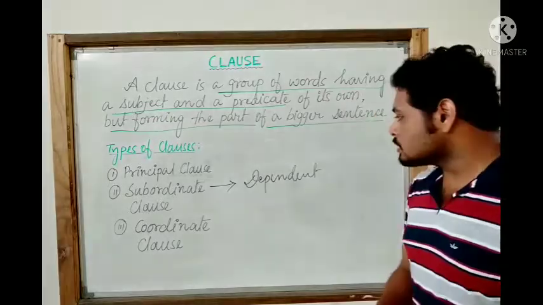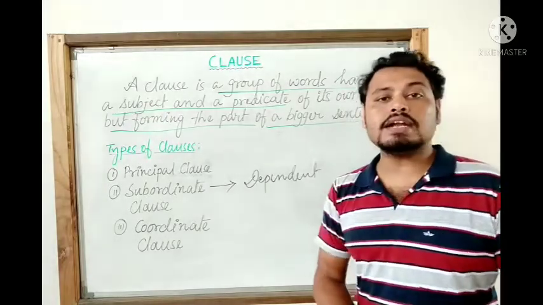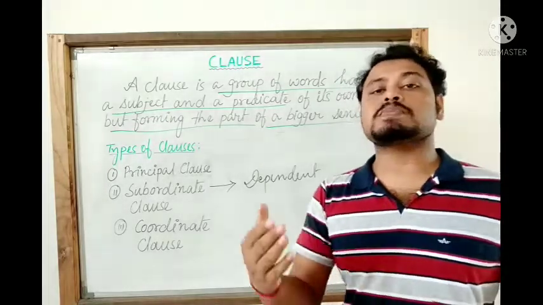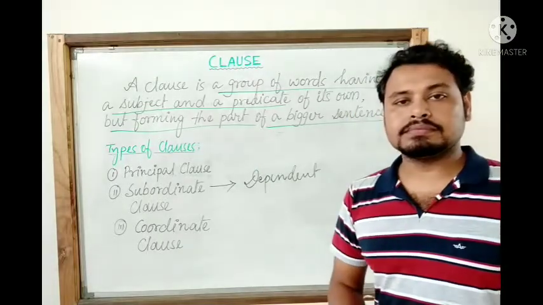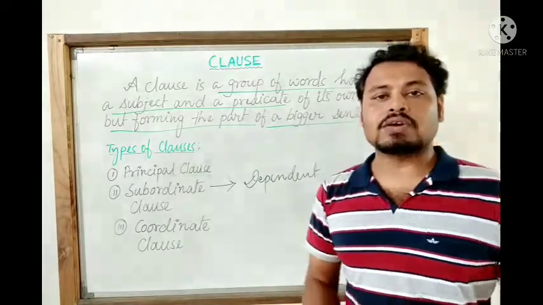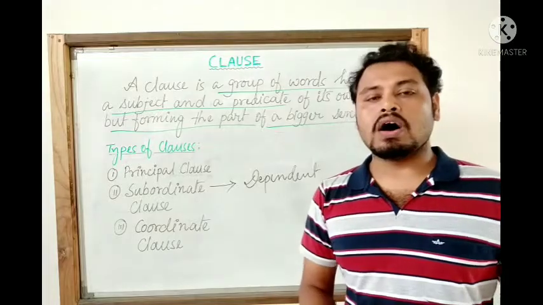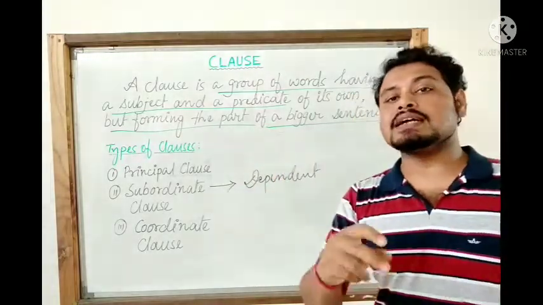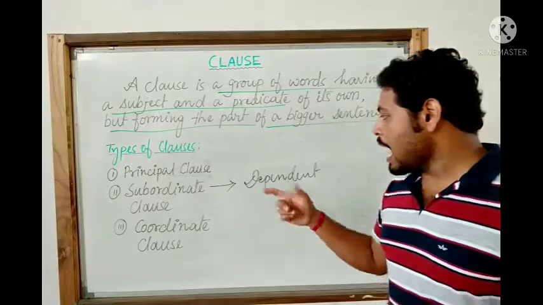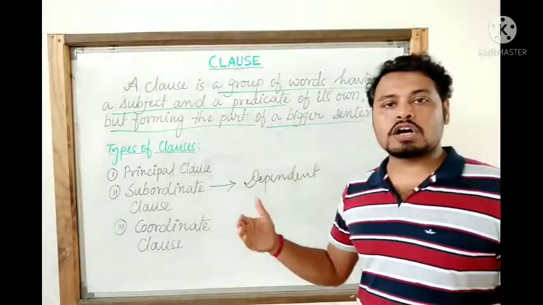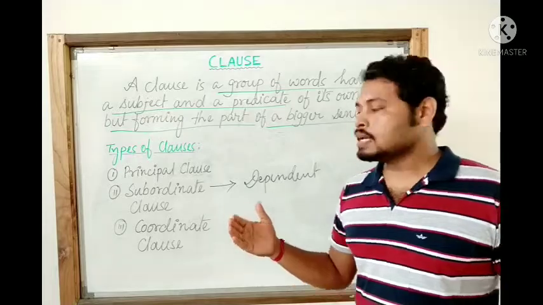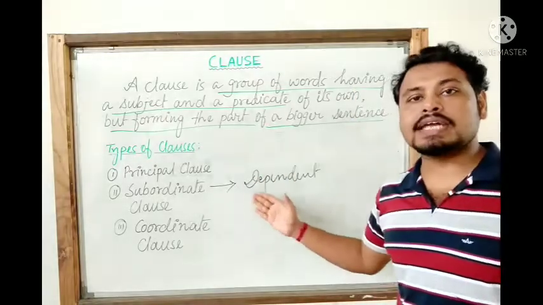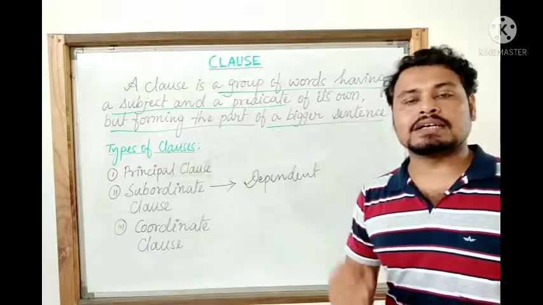That means this clause is dependent on another clause to express its meaning. Unlike the principal clause, which can express its own meaning pretty clearly, the subordinate clause or the dependent clause cannot express its meaning clearly.